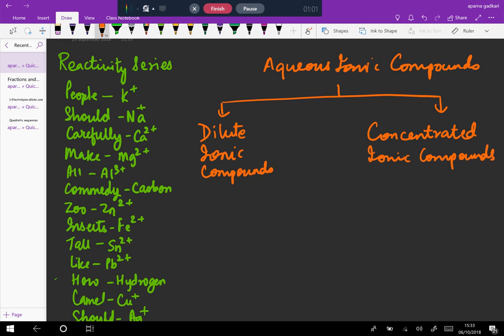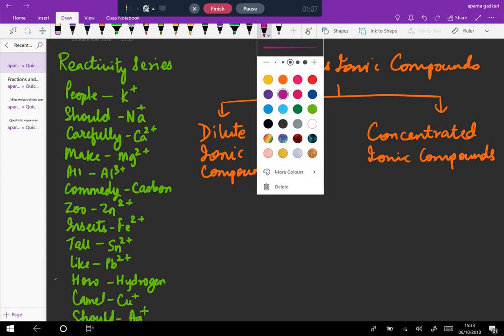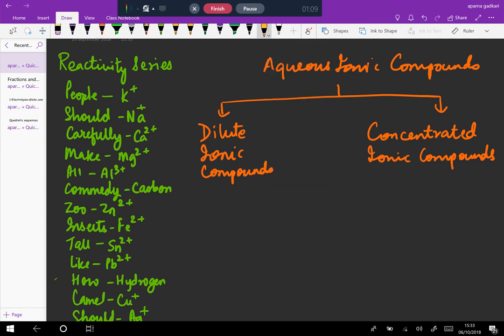Now, the main difference between dilute ionic compounds and concentrated ionic compounds is that both of them contain water, obviously, so they will definitely contain the ions from water. That is, the dilute part will definitely give you two kinds of ions, H plus and OH minus. Similarly, concentrated will also give you H plus and OH minus.